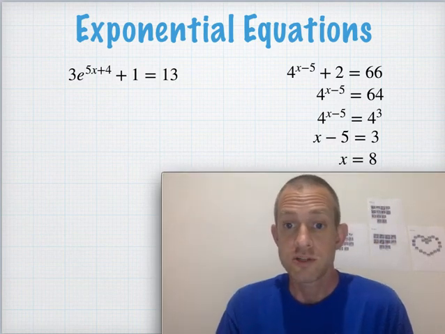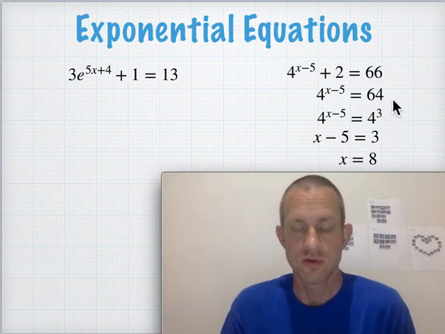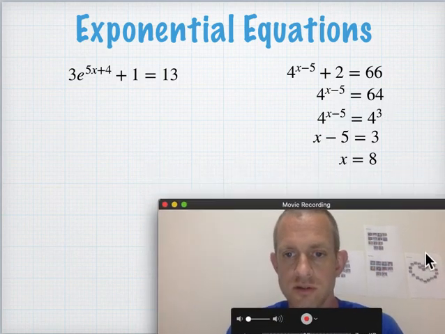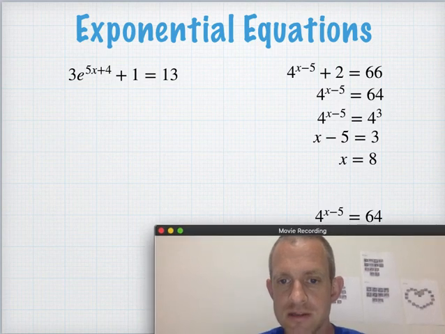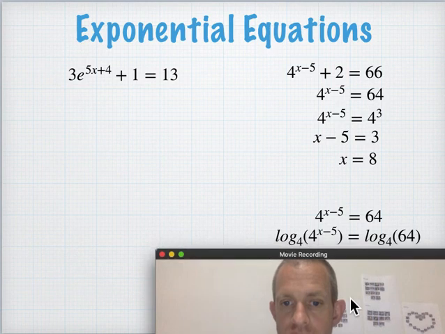If you don't notice that, because it's not obvious that 64 is 4 cubed, another approach, if we go back to that step, is we could take the log of both sides. And this being a 4 raised to the problem, I would like to take log base 4 of both sides. On the left-hand side, that's just going to become x minus 5.